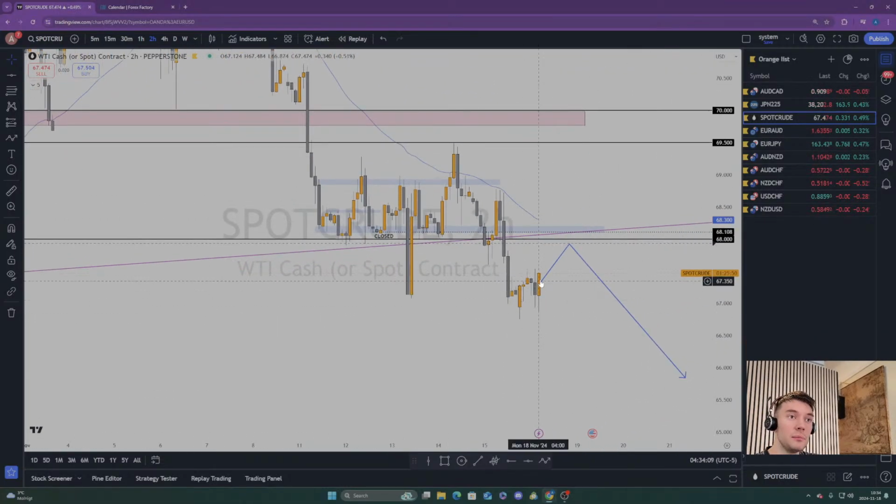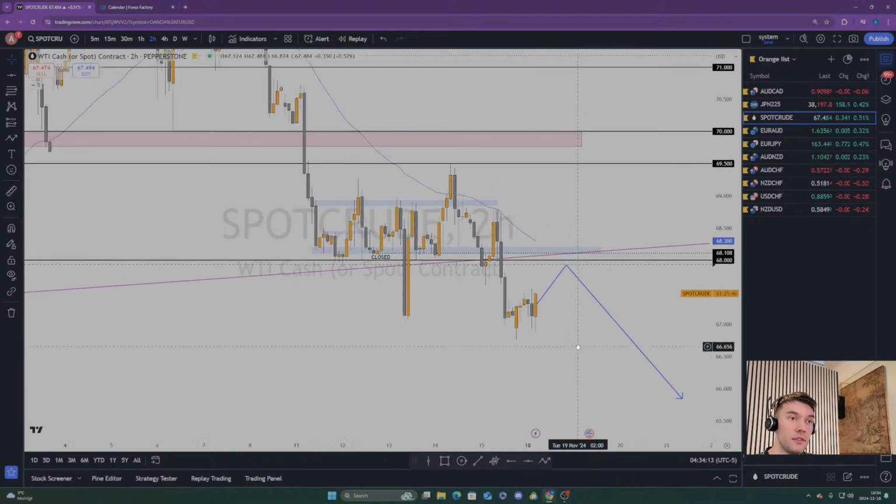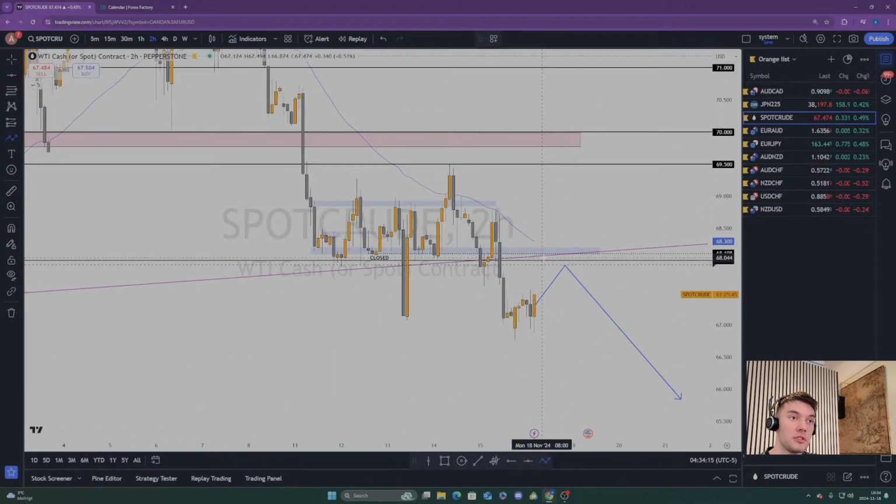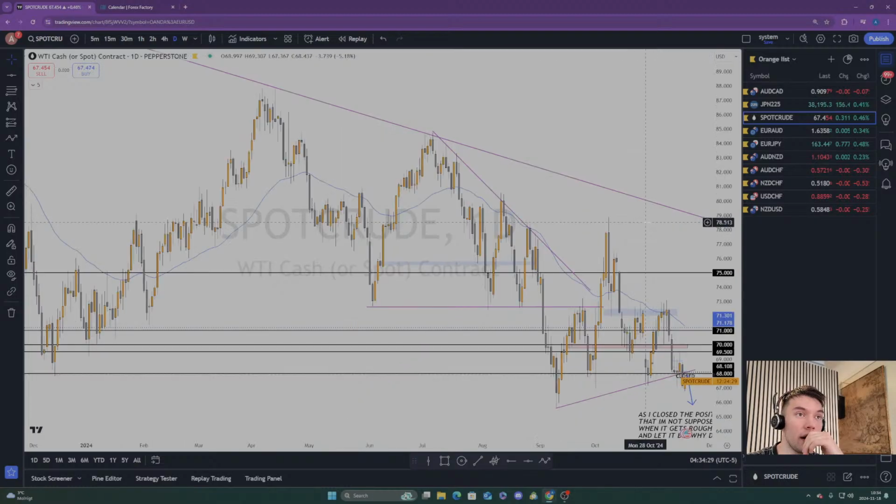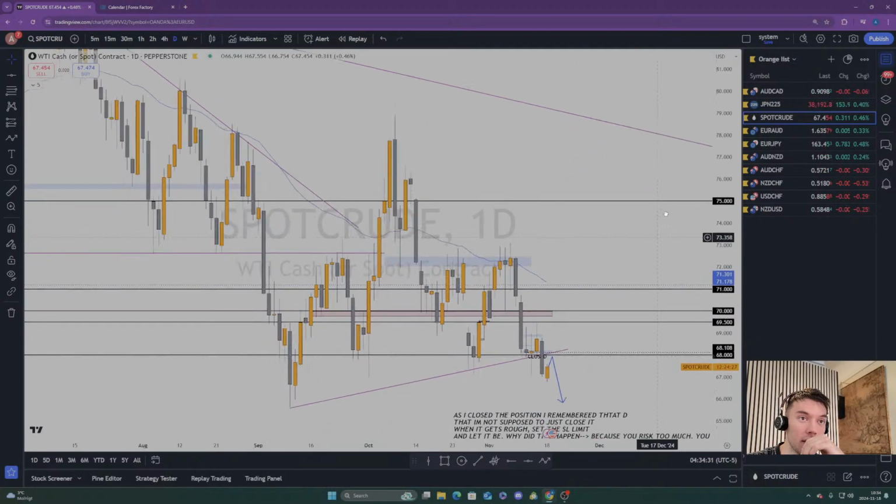Now, as you can see, a bullish engulfing potentially on the 2-hour chart would be a very clear indication that we want to push up and retest at least the big figure and the AOI level, potentially even the EMA. Potentially going higher. I don't think we're going higher, but maybe we do. Looking at the higher time frames, that looks very bearish.